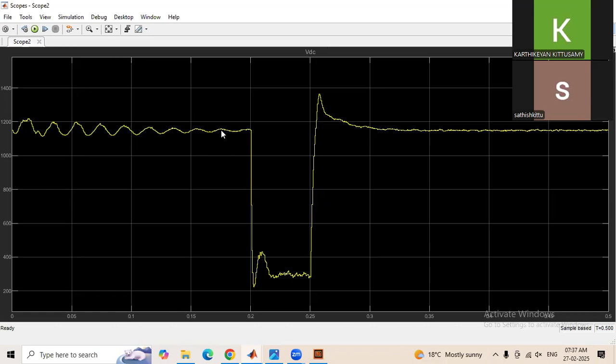Here, due to the crowbar protection, the voltage is decreased because, due to the introduction of the crowbar, all the fault current flows through the crowbar resistance. So here the voltage is reduced.